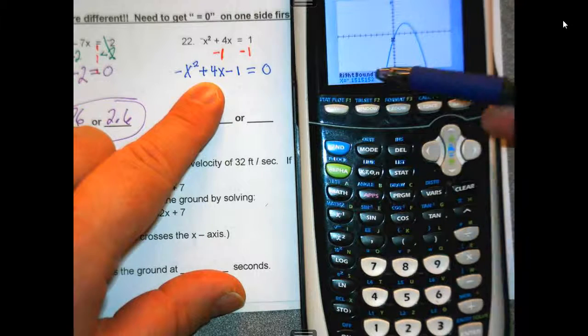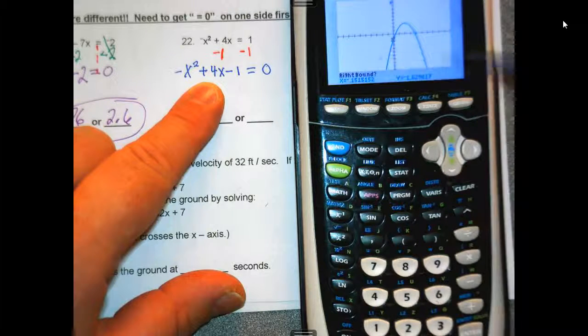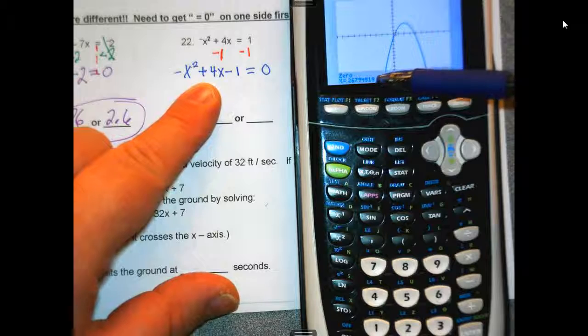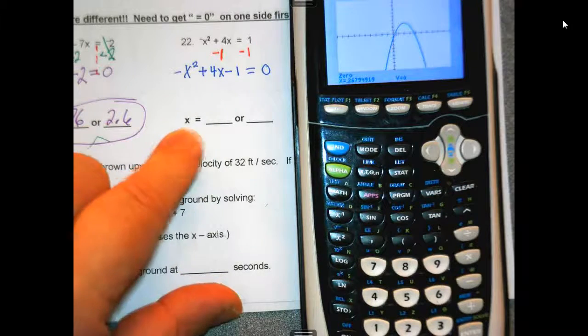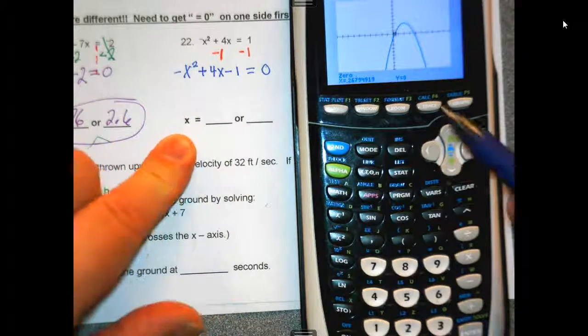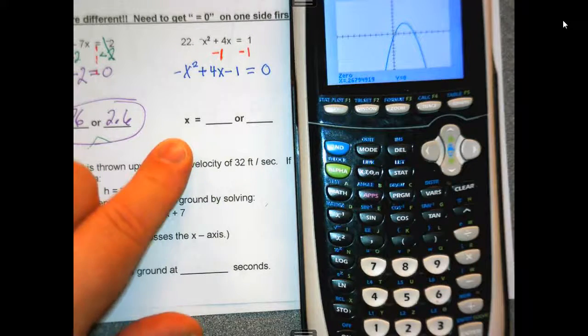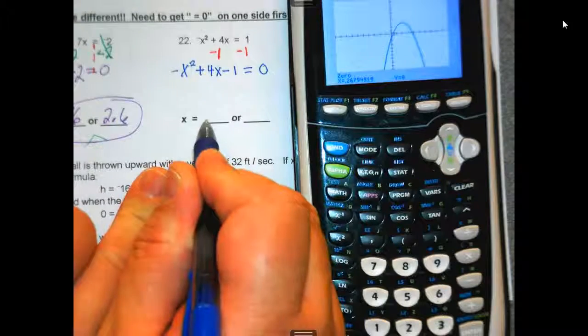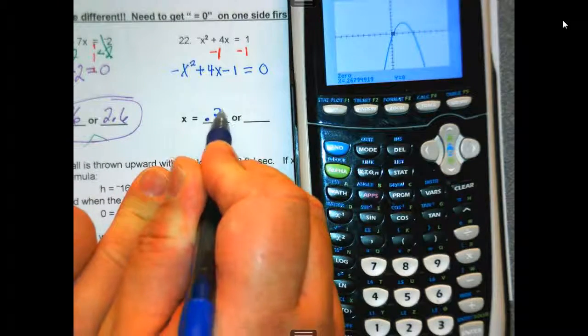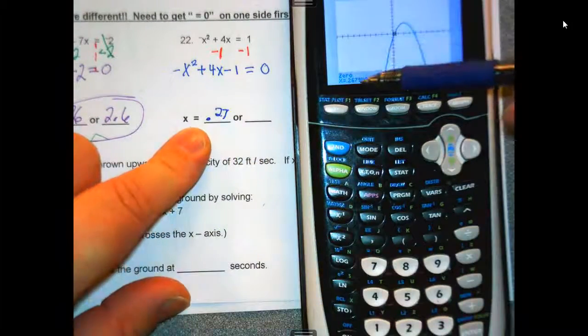Now, is it asking you for the right bound? Okay, so we got to get to the right of that point. Hit enter. Then enter again. And it's telling me where that point is. 0.27. Do you see the 0.27 down here?